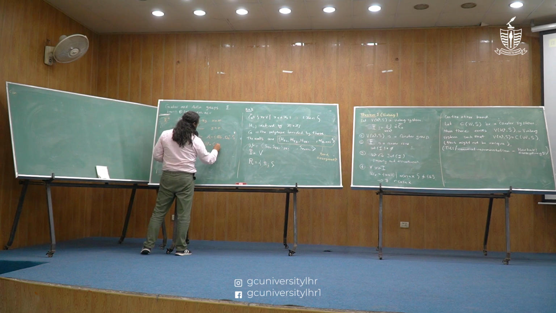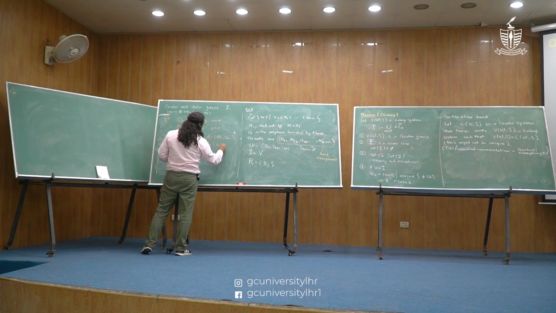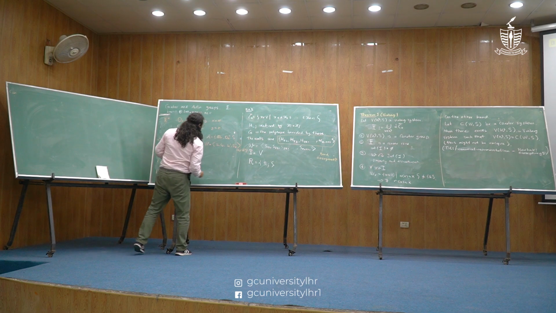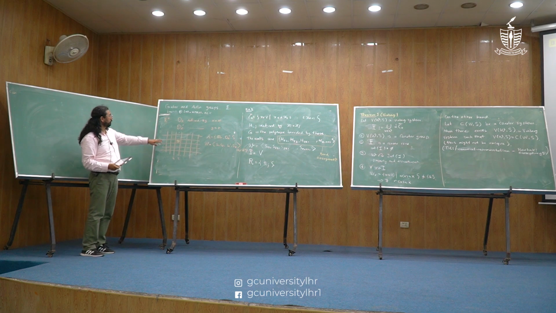So this will be generated by S0, S1, S0 prime, S1 prime. And this is generated inside of GL2, right? What will be the presentation of this?